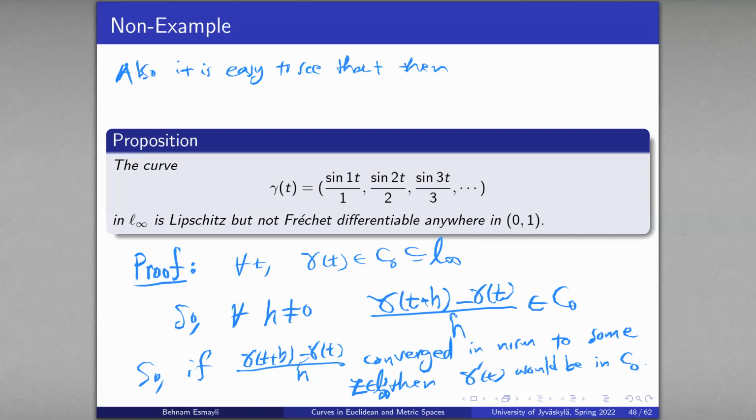So if these converge to some vector, then this limit would be in C0.